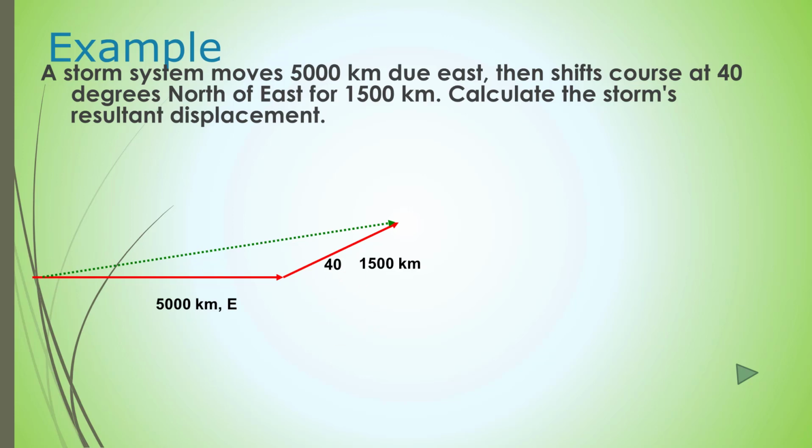Two tails are coinciding over here and two heads are coinciding over here. So we can say that this line is representing the resultant. No other line has two tails and two heads coinciding at both ends. So this one is the resultant.